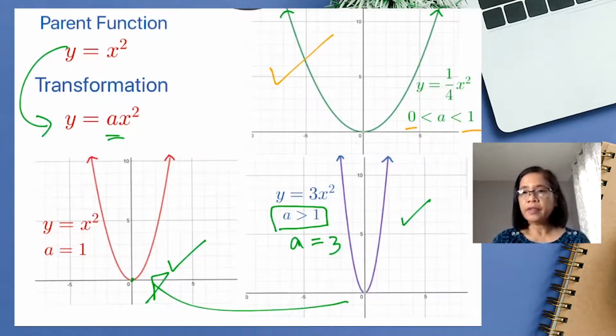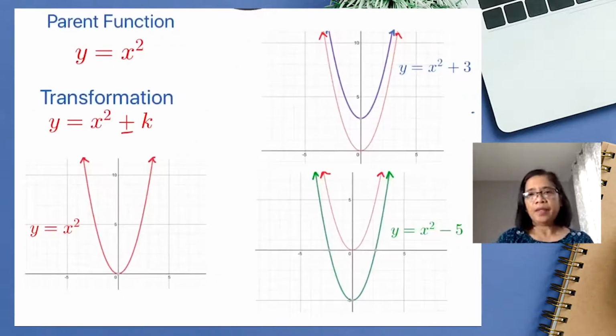I'll pause to give you time to process and take down notes. Again, the effect of the value of a is the width of the parabola, and the sign of a determines whether the parabola is facing upward if it's positive and facing downward if it's negative.